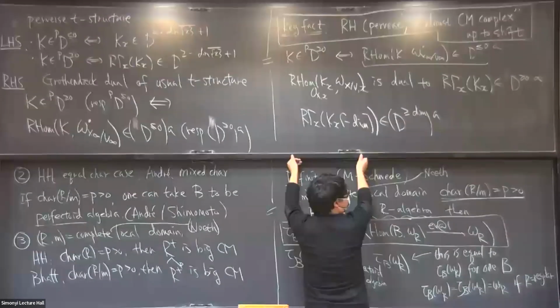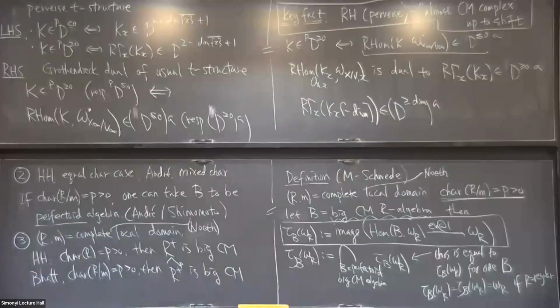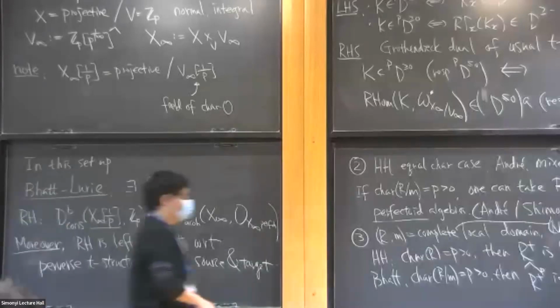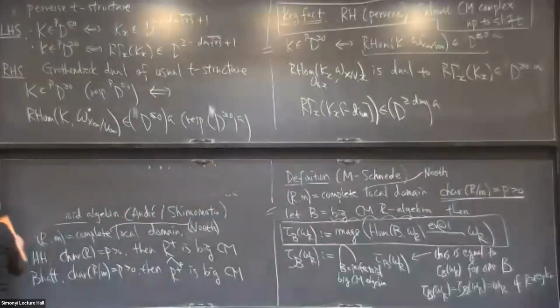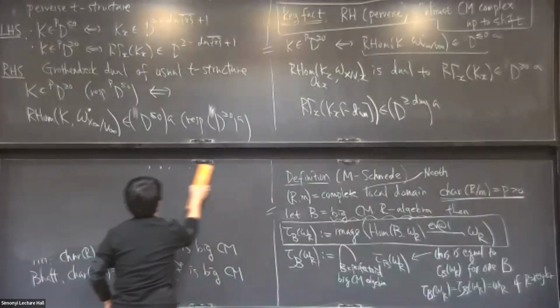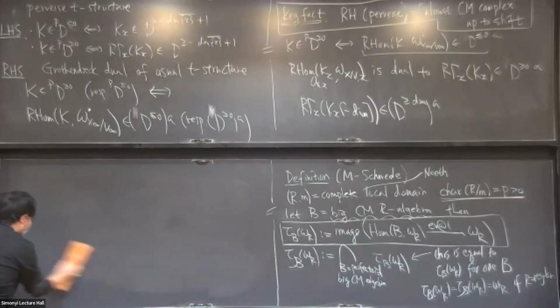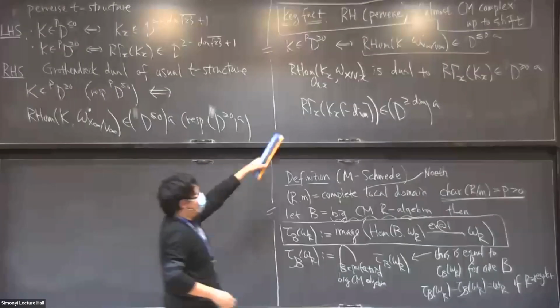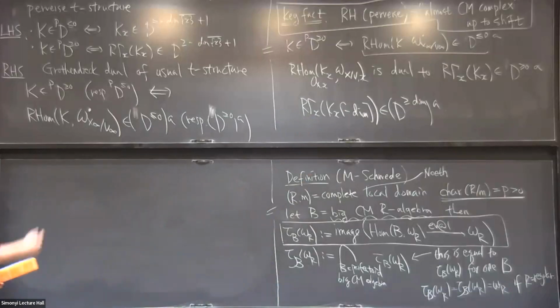Okay, so now with this, I can introduce our definition of the functor. Now you see, we need to plug in some perverse sheaf to give us this almost Cohen-Macaulay complex.